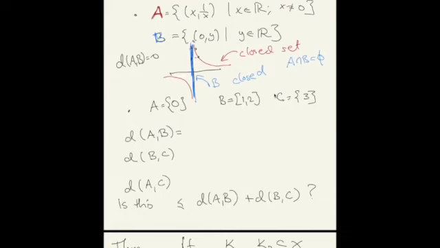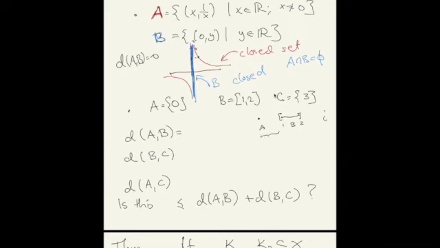And another thing that can happen, and it's really an unfortunate thing about the terminology, is that the triangle inequality can fail. Namely, if you have A, subsets of the real line, then the interval 1 to 2 is B, and then C is 3. What is the distance between A and B?